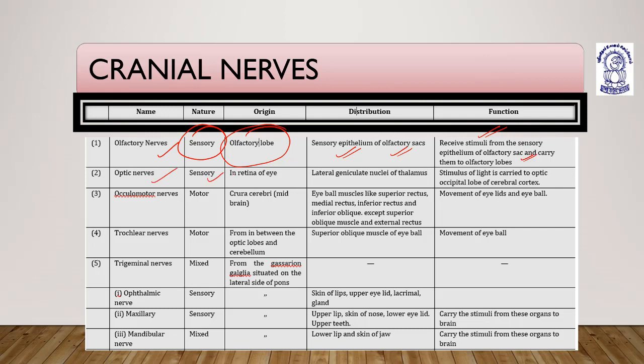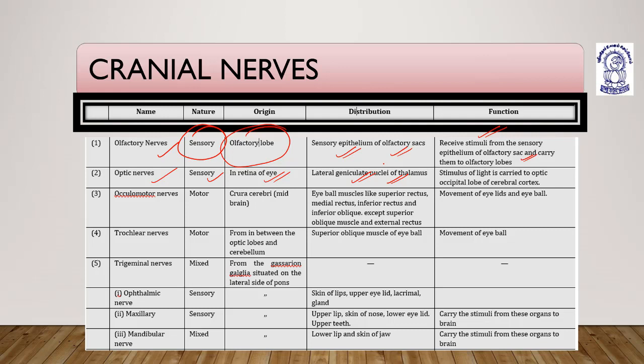Optic nerves are sensory, in the retina of the eye. They have the lateral geniculate nuclei of the thalamus. The stimulus of light is carried to the occipital lobe of the cerebral cortex. Then the oculomotor nerve, which is motor, arises from the crura cerebri of the midbrain and supplies eyeball muscles like the superior rectus, medial rectus, inferior rectus, and inferior oblique.